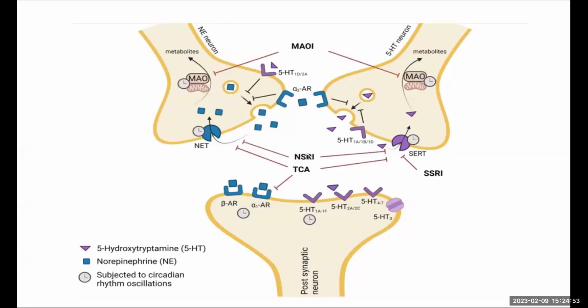Whereas SNRIs are affecting serotonin and noradrenaline. And SSRIs selectively block serotonin reuptake. MAOI is just acting on MAO, so the breakdown of already uptaken noradrenaline or serotonin is prevented by MAOI.